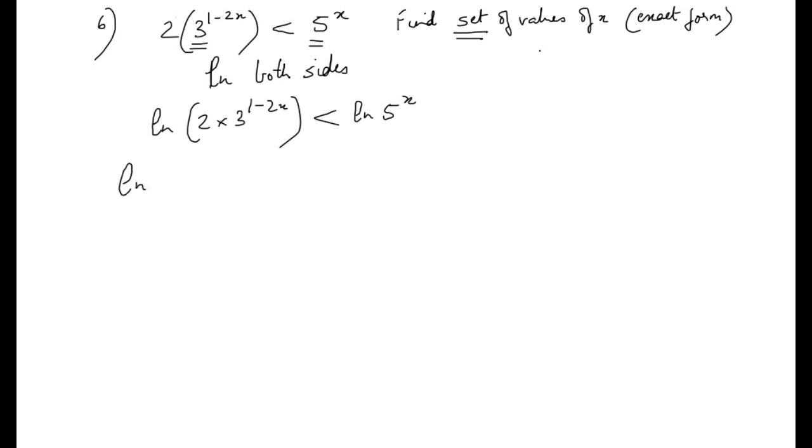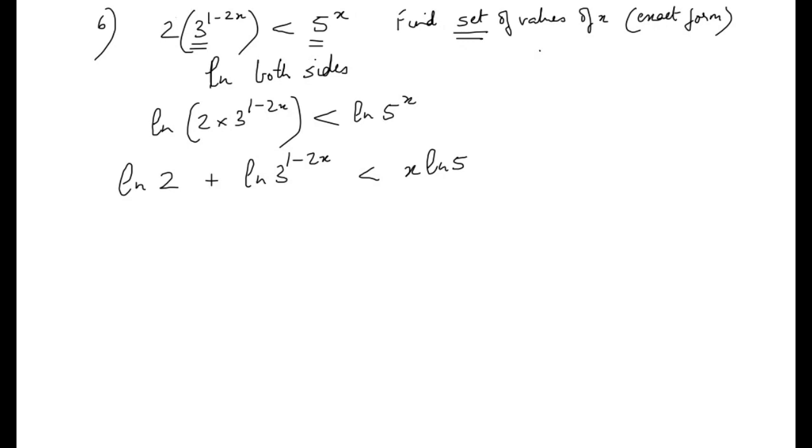So log 2 plus log 3 to the power of 1 minus 2x less than, on the right hand side, we can take x out as a multiplier. So x log 5.